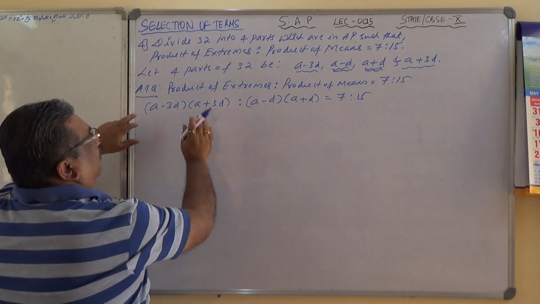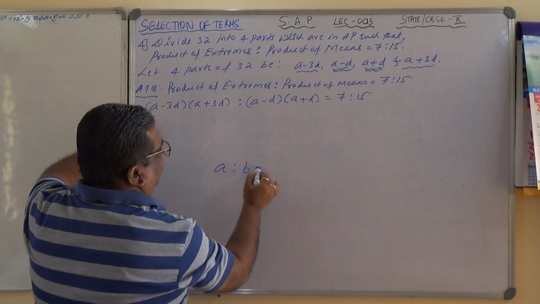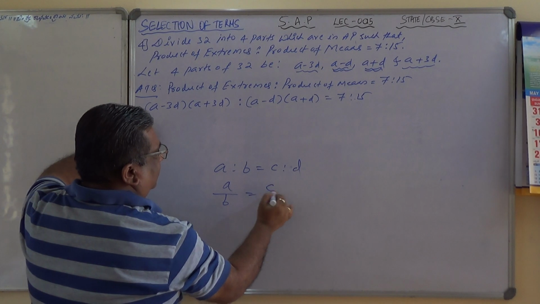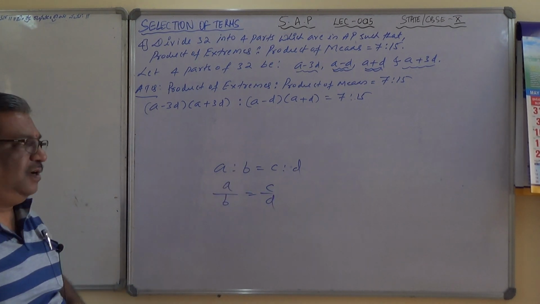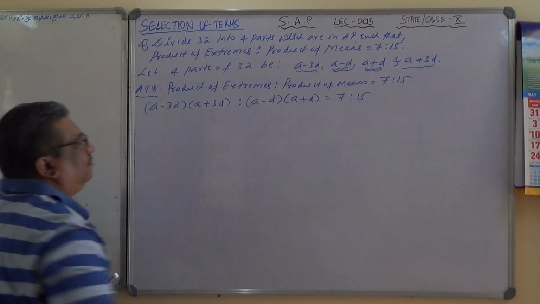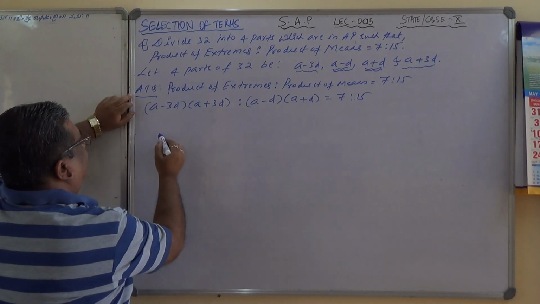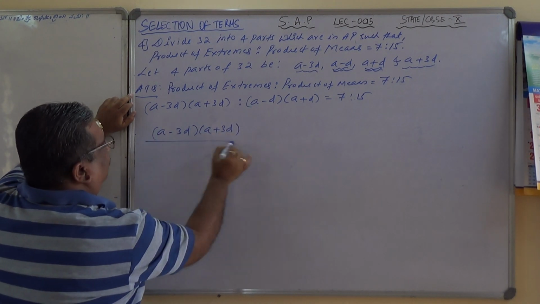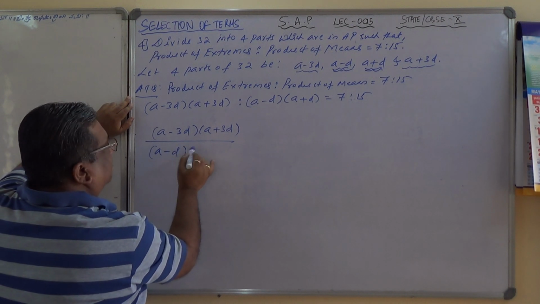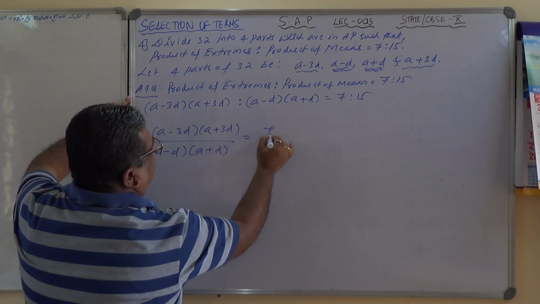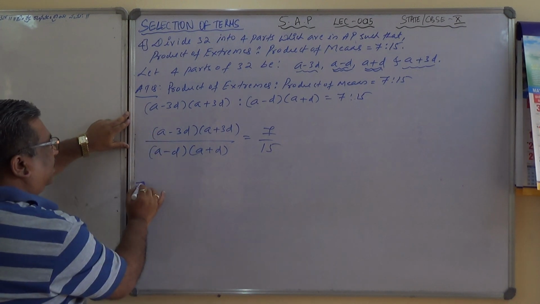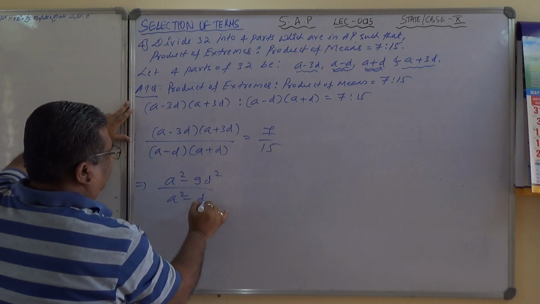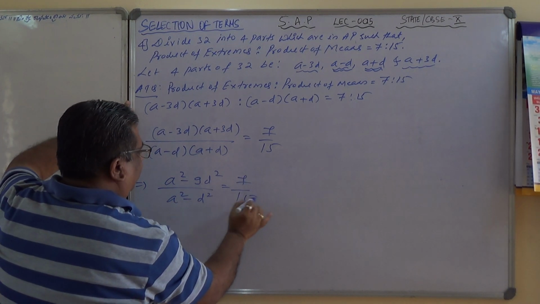Now, you already know A is to B equal to C is to D, which means A by B equals C by D. So I'll use that one and proceed. So now A minus 3D into A plus 3D the whole by A minus D into A plus D implies A square minus 9D square over 7 by 15.